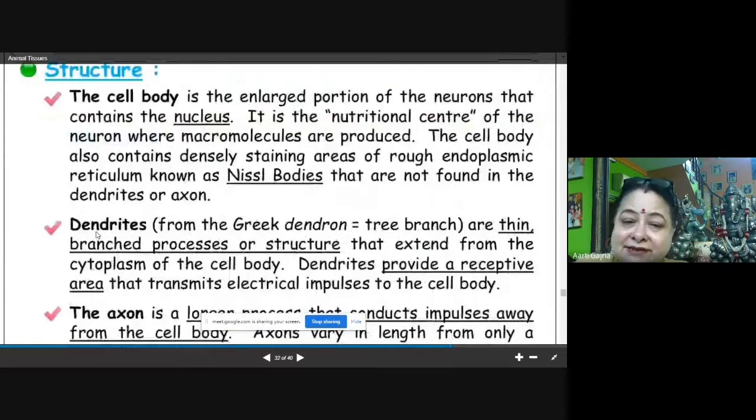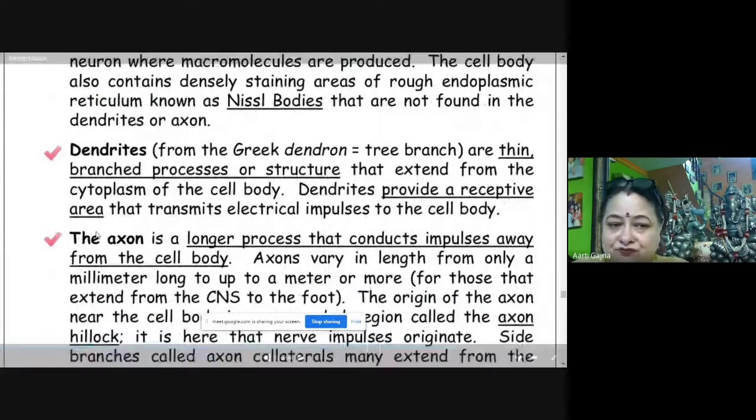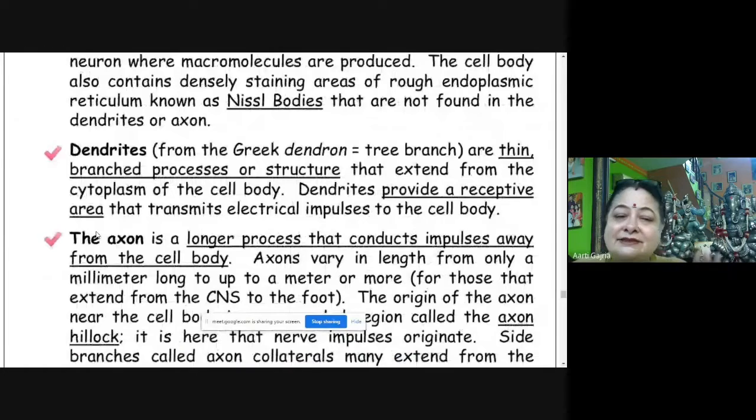Then there are dendrites. Dendrite is a branch of the nerve cell. It is a thin branched structure which extends from the cytoplasm of the cell body. Now the dendrites provide a receptive area. Receptive area means they receive the signal, they receive the message, and then they transmit this electrical impulse, because the nerves are not talking with each other like we talk.